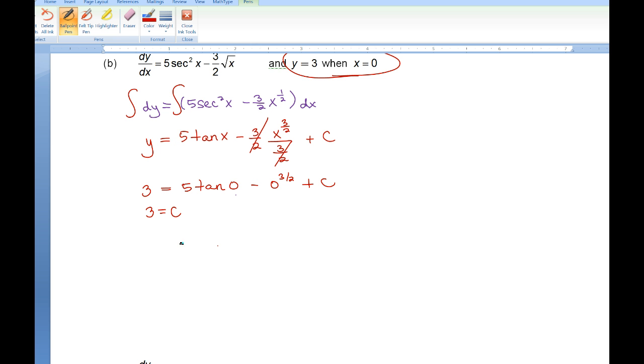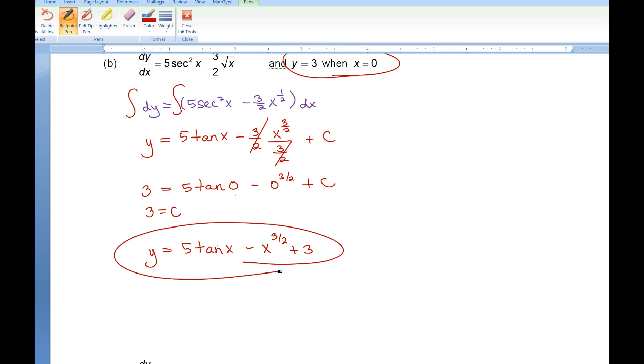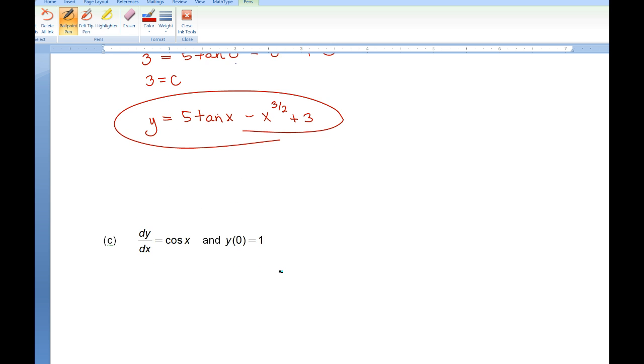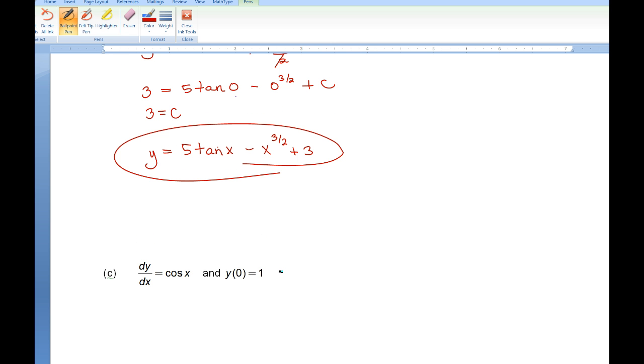So now we just go back and we get 5 tangent of x minus x to the 3/2 plus 3. Are we okay with that one? Questions? Everybody else good?